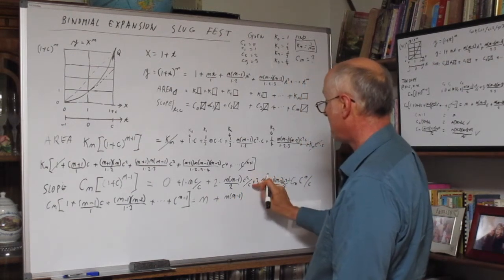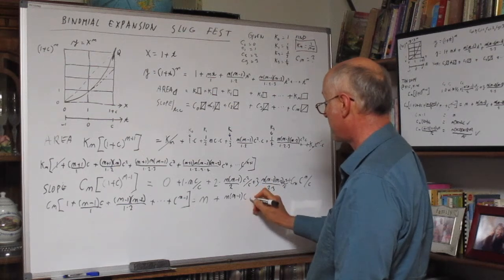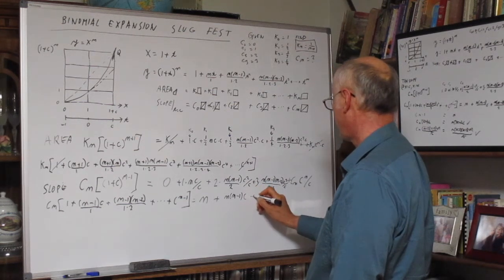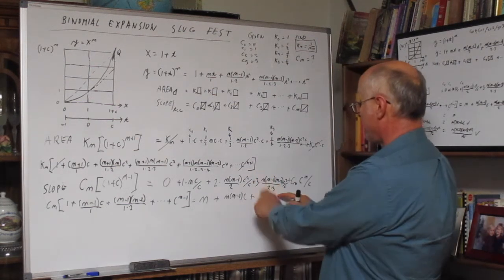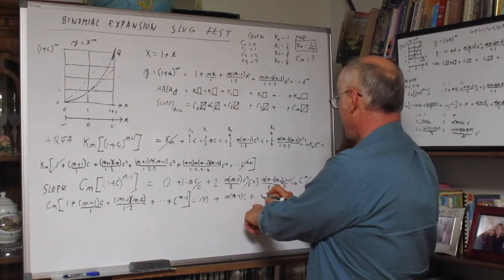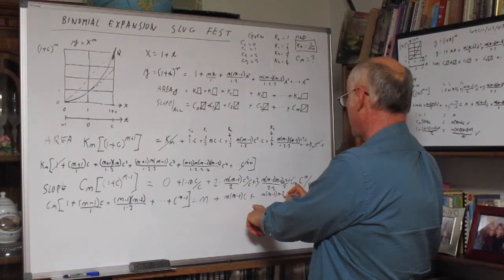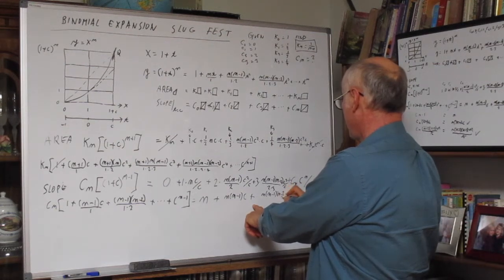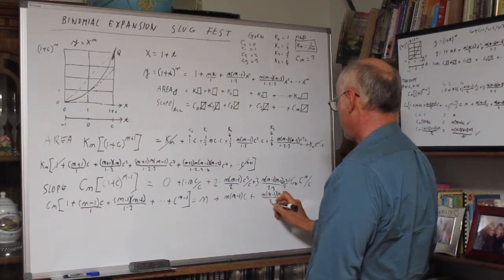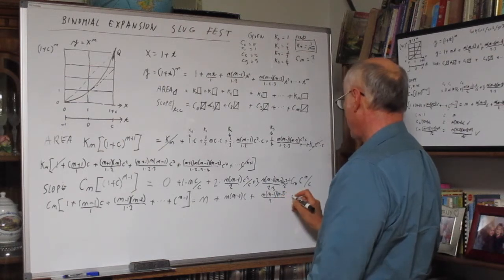This becomes c squared over c, so that becomes a c plus, the 3 cancels here, so we got n minus 1, n minus 2 over 2, yeah.